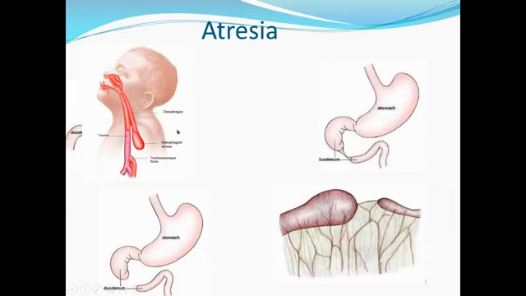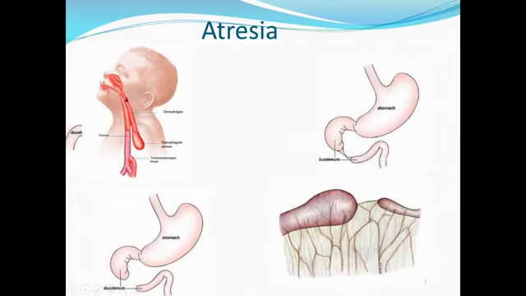Earlier, I mentioned esophageal atresia, and here this is the trachea. Esophageal atresia may also merge with the tracheal wall, presenting as esophageal atresia with tracheoesophageal fistula. There may be a fistula, or there may not.